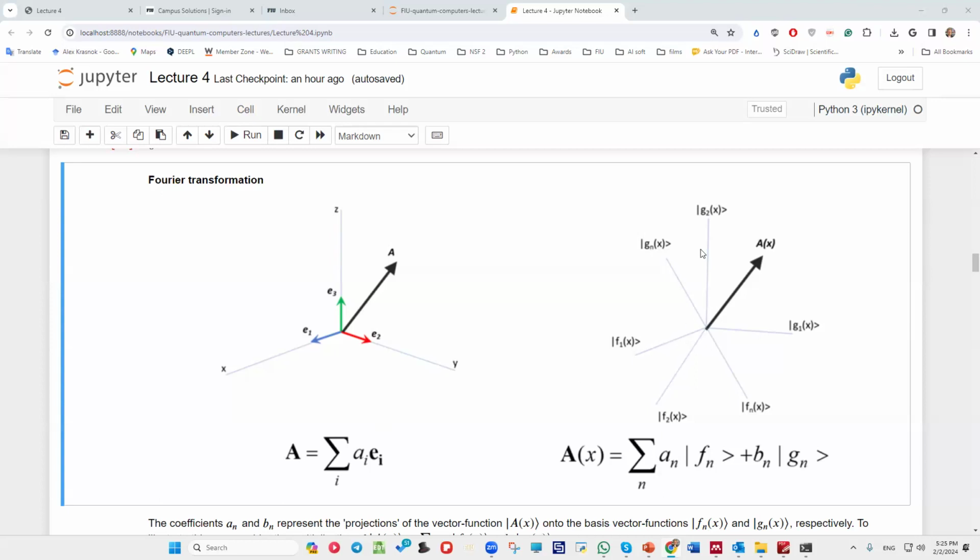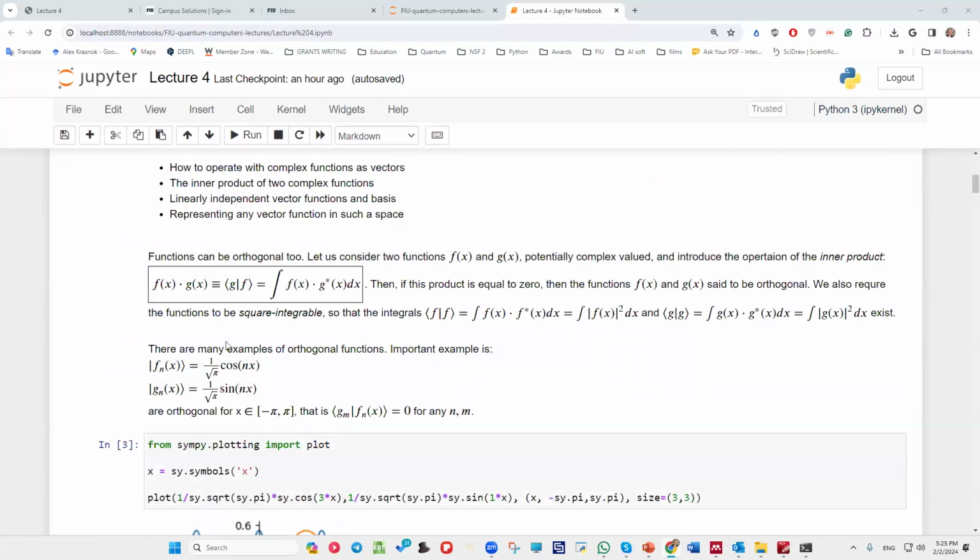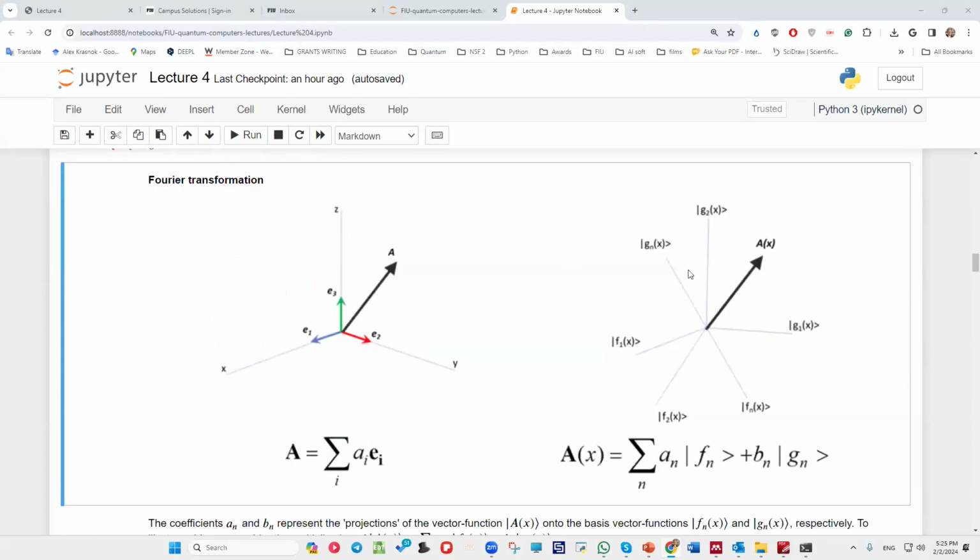So now, if I introduce the functions that we just discussed, this fn(x) and gn(x), and I say that now I use these functions as the basis in my vector function space, I can represent any function in this space using these fn(x) and gn(x) functions.